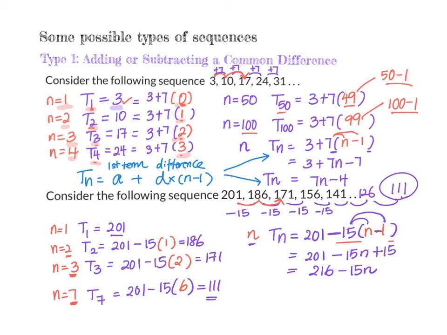In general, this is given by the formula Tn to be taking the first term, a, adding a difference. Now this difference is a negative number, and then the difference is multiplied to n minus 1.